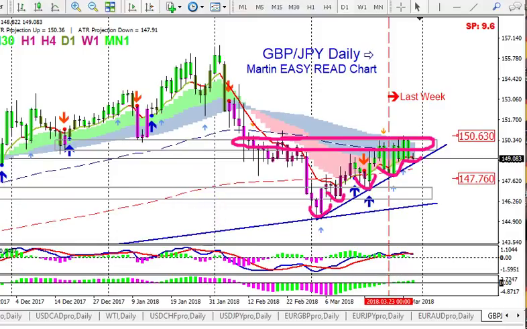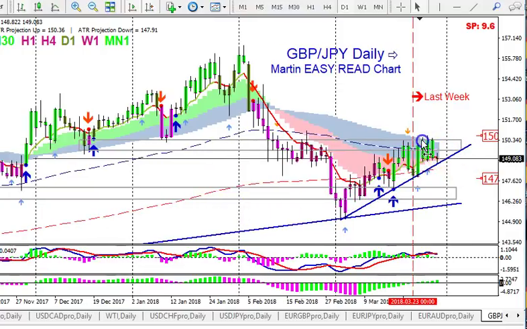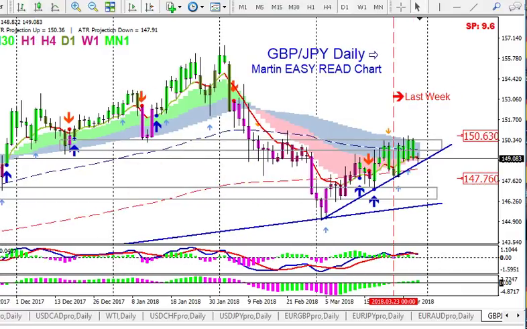If you think price is going to go higher, then it would have to go above this major resistance area and above 150.63 to the upside. Think price is going to go lower, then you could look at sells below 147.76.